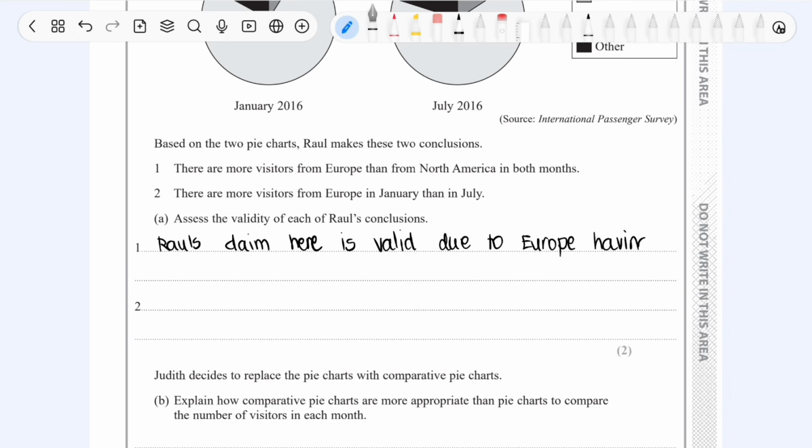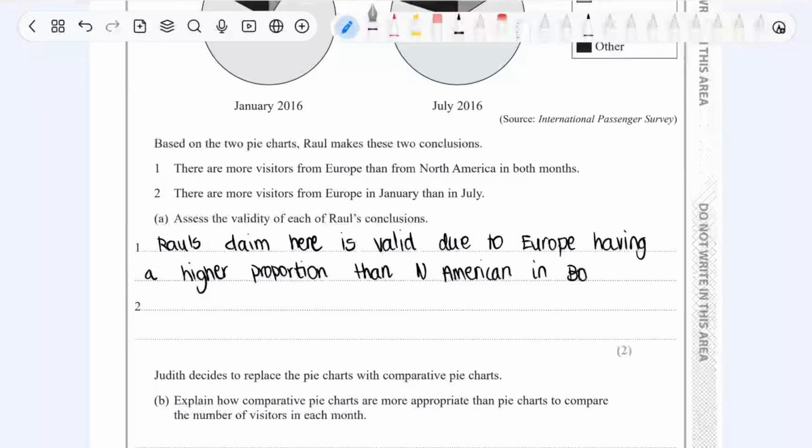Having a higher proportion than North America in both months.